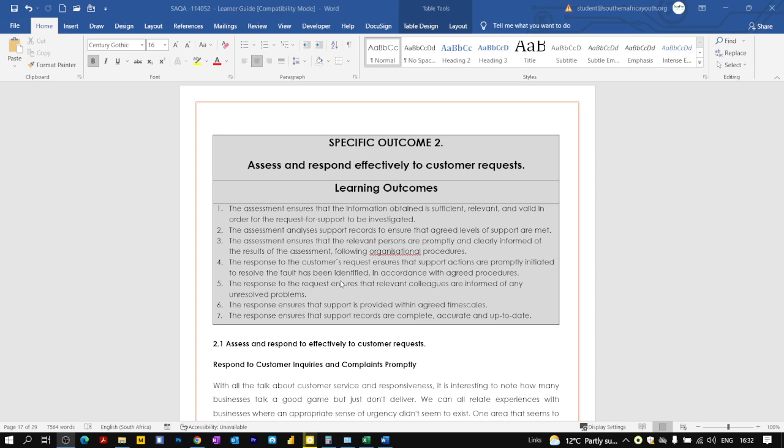The response should ensure that the support is provided within agreed timescales. Time is always important. Your clients normally never want to have the services that they paid for not working at any particular second. So any moment that they call you to say that their services are down is a moment that is not good. So the faster, the better. But there are also agreed timeframes. There are things, like we said, which are beyond your control.